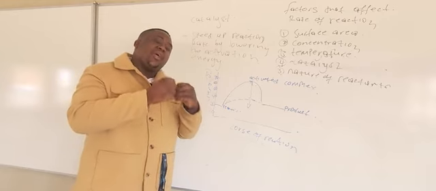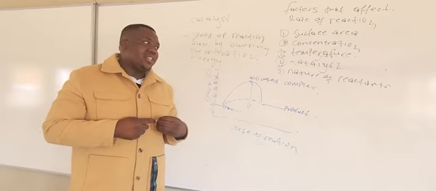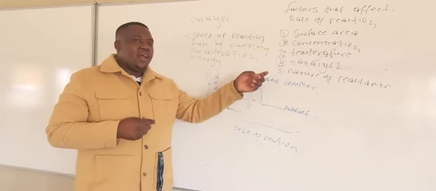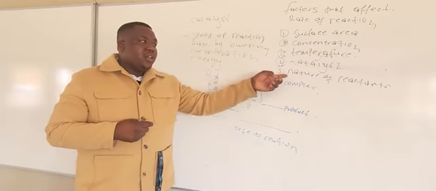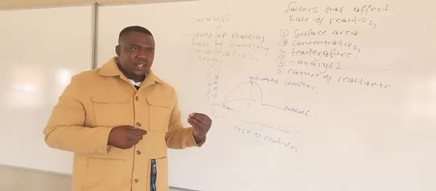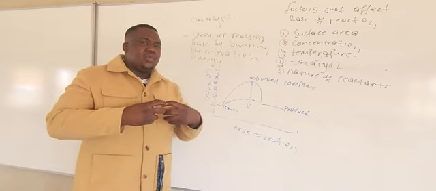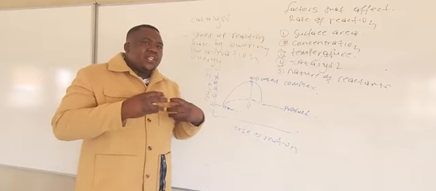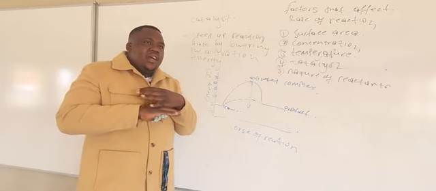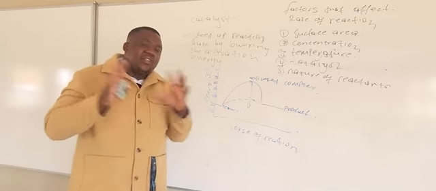It is difficult to break its bonds and form new kinds of bonds. You understand? But atoms which are very reactive in nature, it's easy to break bonds and form new bonds, meaning the rate of reaction is going to be faster for the one which has high reactivity in nature.